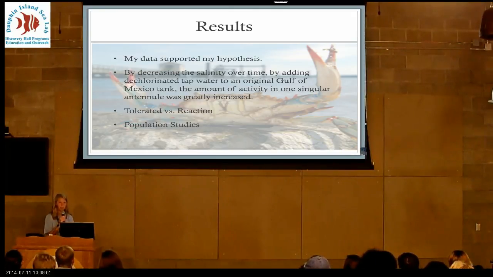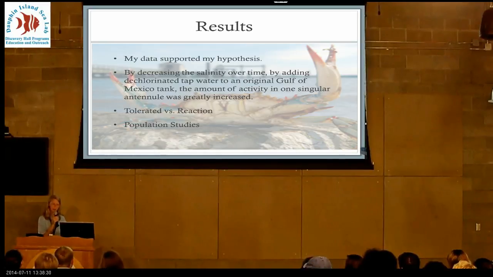So this is my data. As you can see on this side, as the salinity decreased, the beats per minute of a singular antennule on the bottom also increased. So although this graph looks like it's decreasing, it's really increasing. So the fresher the water, the more beats per minute of a singular antennule they had, so they were more active.